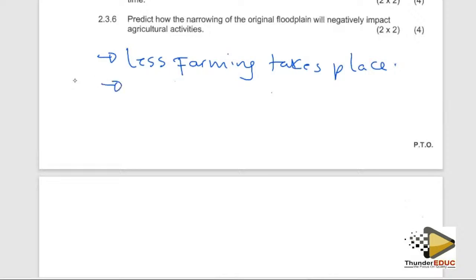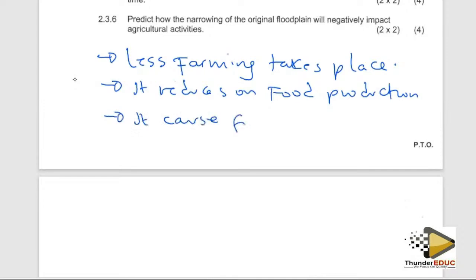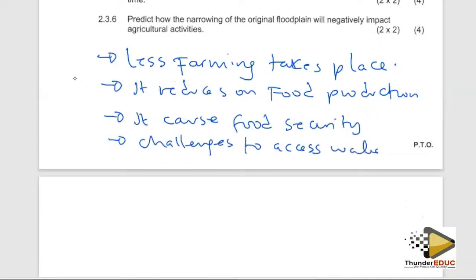When there is less farming, it means also less food production, because of food insecurity, challenges to access water from higher grounds.